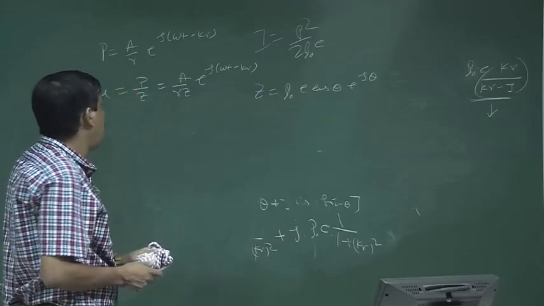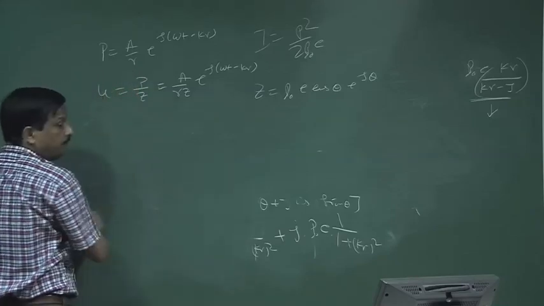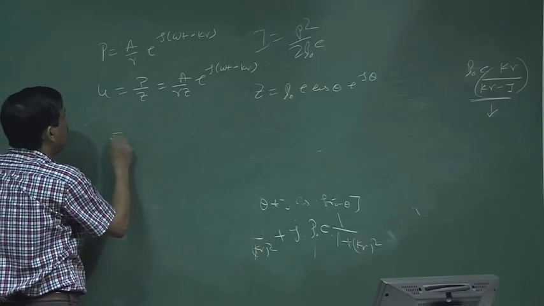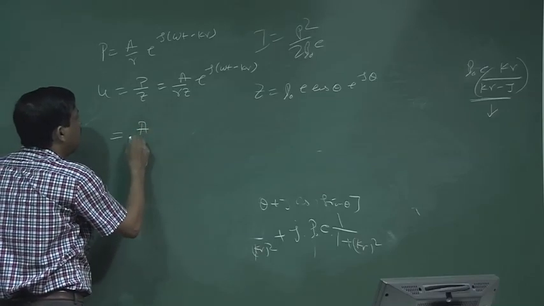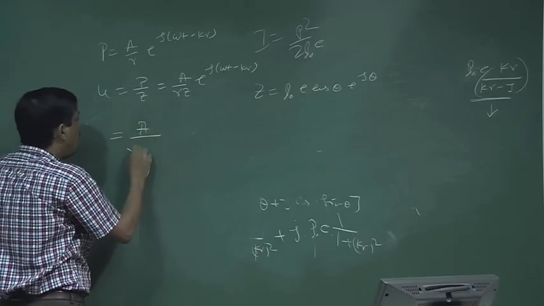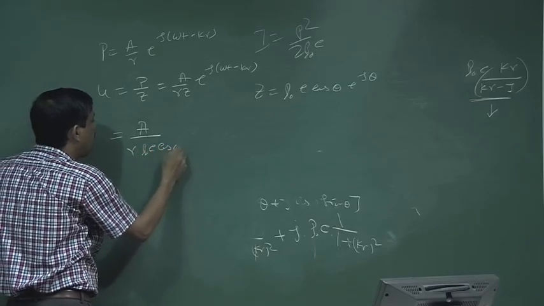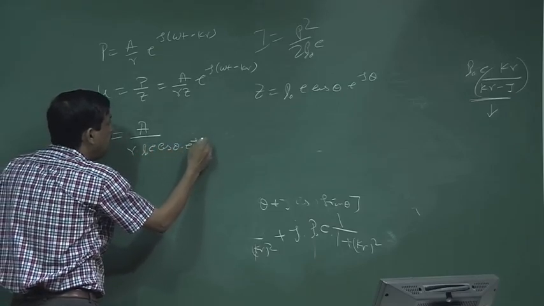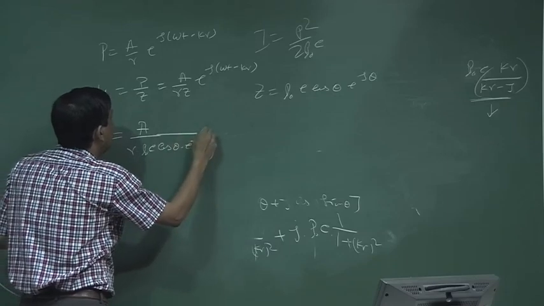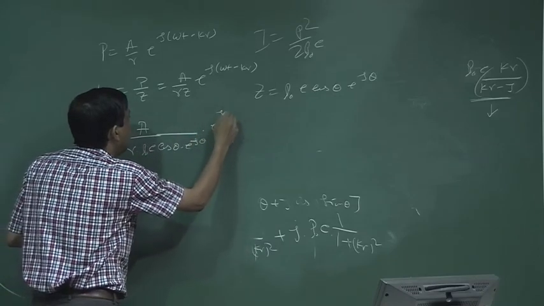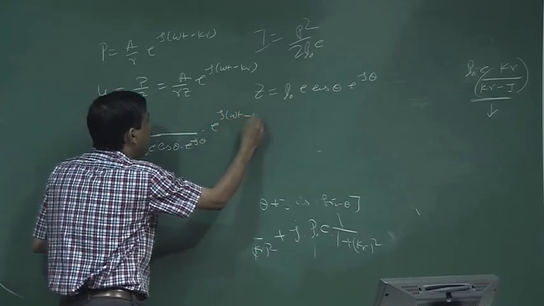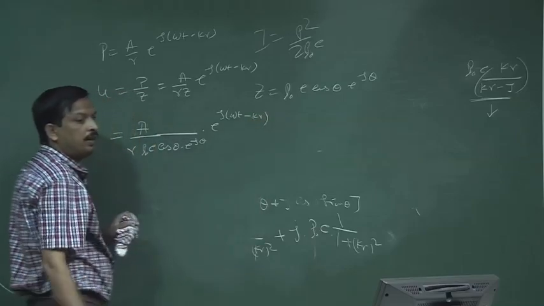So, I can write u is nothing but A by r rho 0 c cos theta e to the power j theta into e to the power j(omega t minus k r).